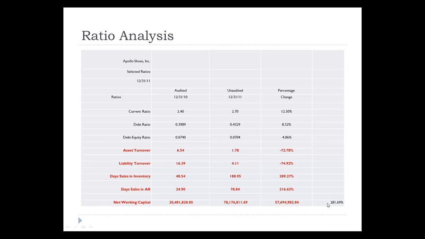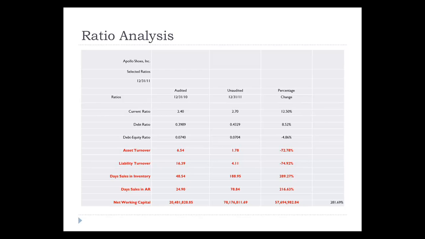So if the inventory is not moving, why is it increasing significantly from the prior year? Some of the ratios you would perform: some of you did ratio analysis, some of you didn't, but you want to do some basic ratio analysis, and I'm not going to go into the definitions of these ratios because you should know these. The current ratio and debt to equity ratio seem to show no huge changes.